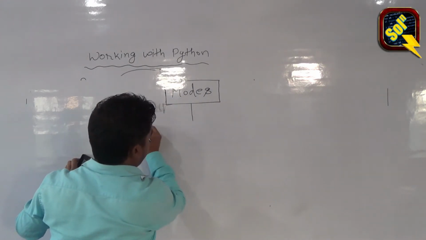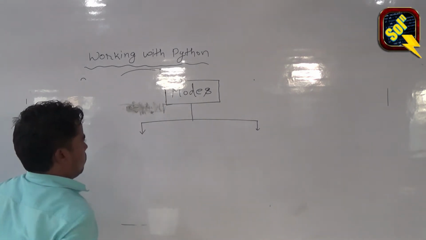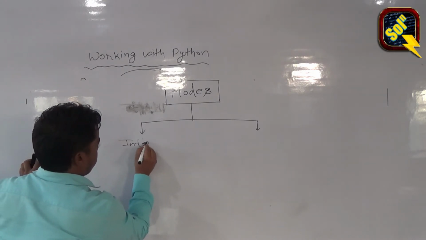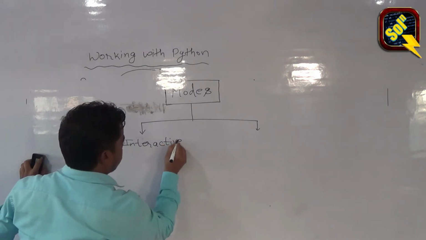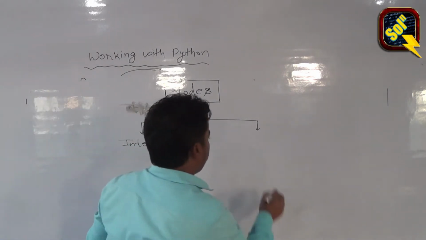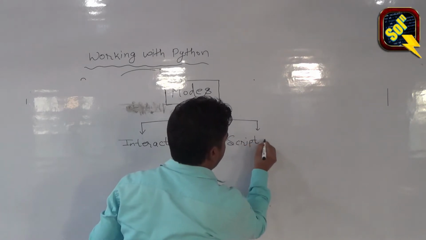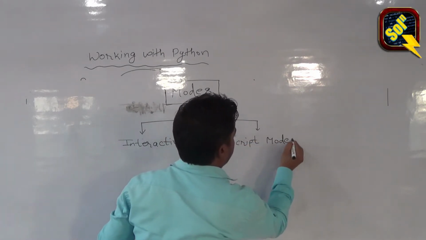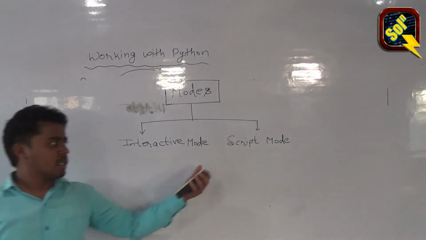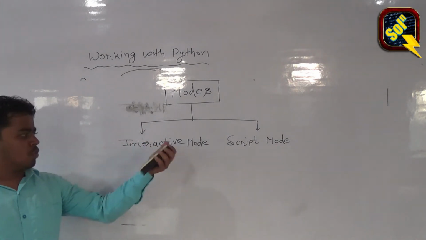First one is interactive mode, and the second mode is known as script mode. Fine. So two modes are there. Okay, now we will see these two modes individually.